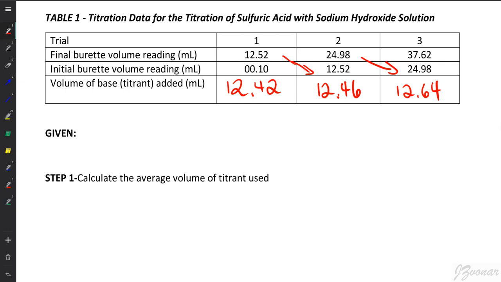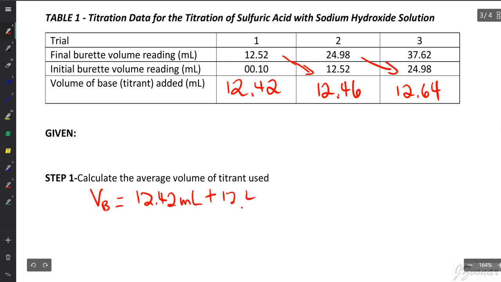What we do here is find the volume of the base, and it's just taking these three values, 12.42 milliliters plus 12.46 milliliters, plus our last trial value, which is 12.64 milliliters.